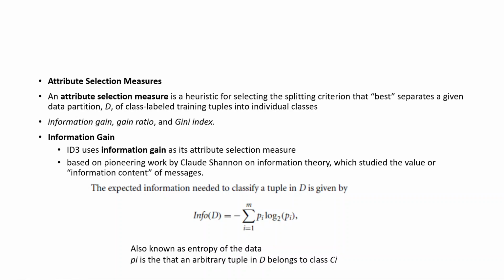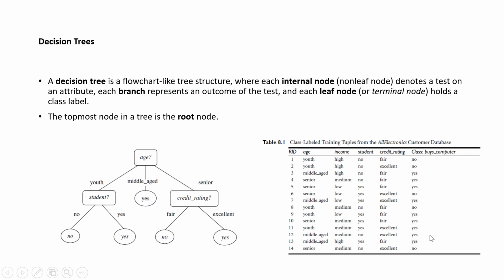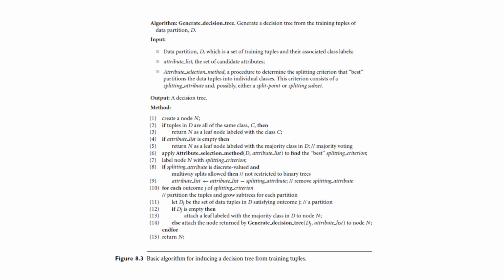So in our example, what is p_i? What is the probability of those who do not want to buy a computer? How many no's are there? One, two, three, four, five. Five no's. 5 out of 14 is the probability of those who will not buy a computer, and the remaining 9 out of 14 are those who will buy a computer.